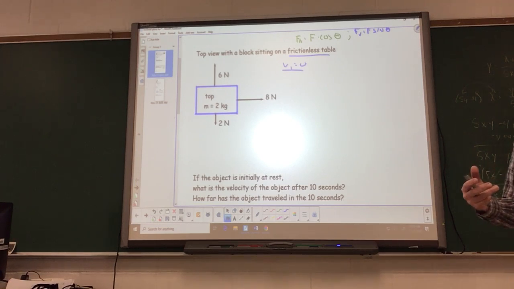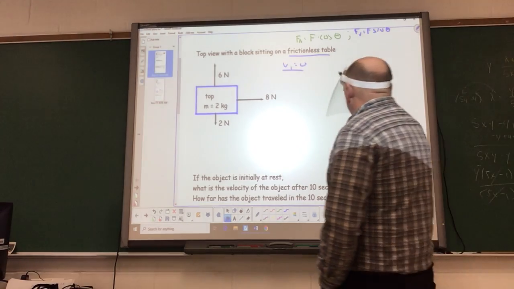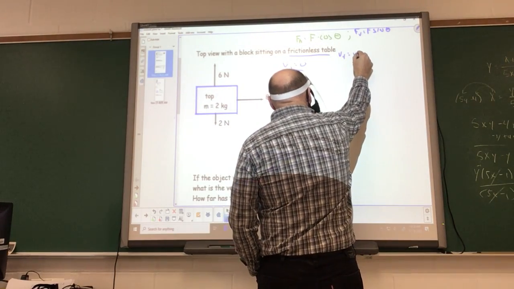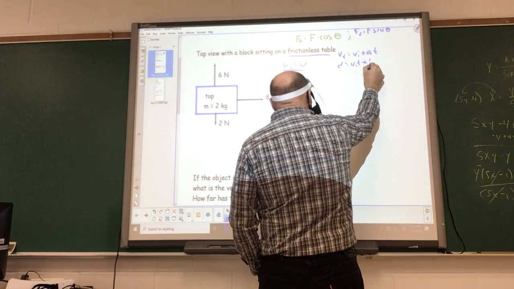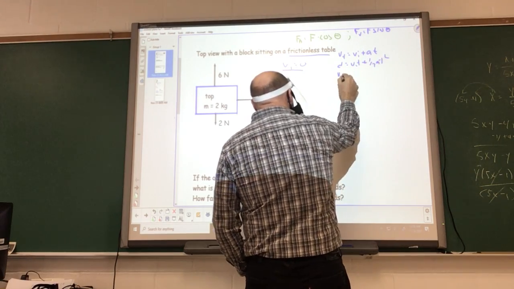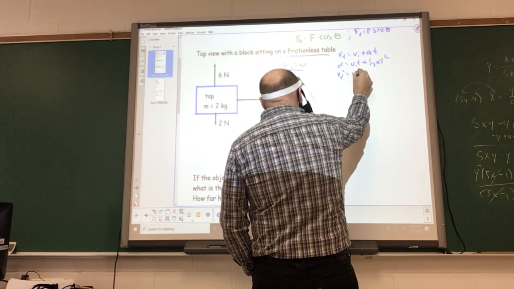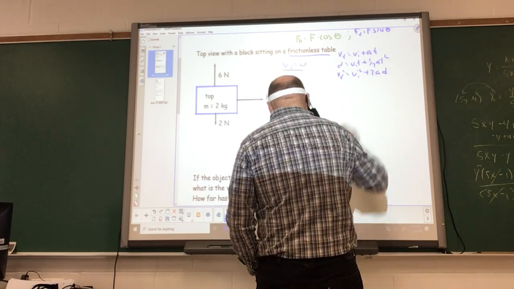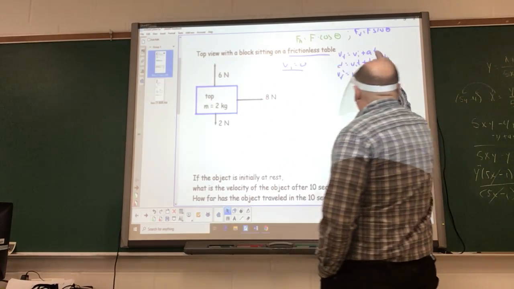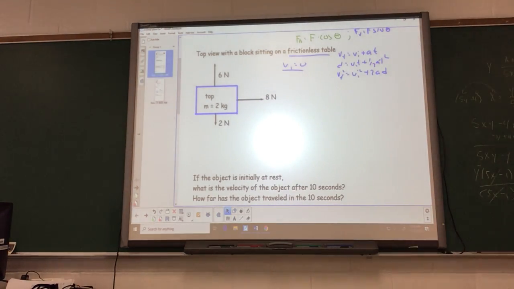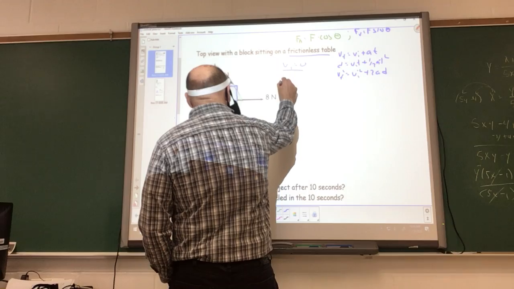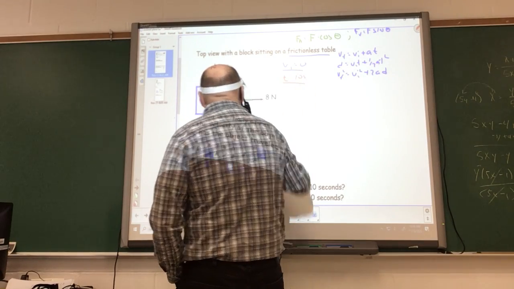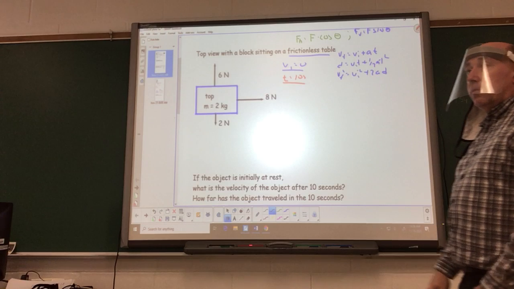Well, for us to be able to find our velocity, we need to find acceleration, because we have v final is equal to v initial plus at. Displacement is v initial t plus 1/2 at squared. V final squared equals v initial squared plus 2ad. I know my time is 10 seconds.